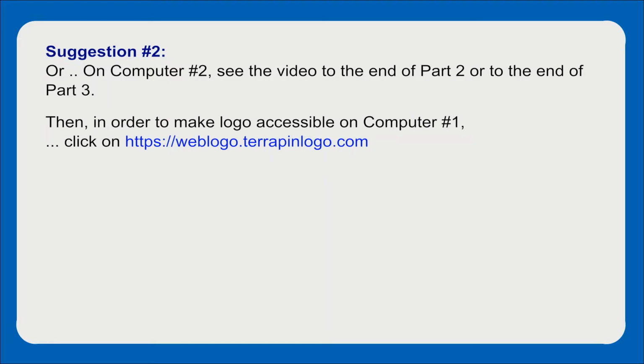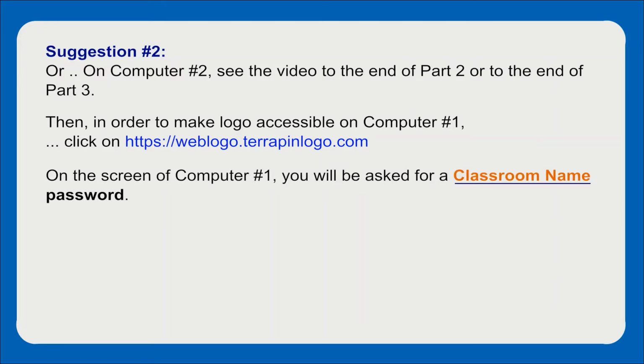Then, in order to make Logo accessible on computer number 1, click on weblogo.terrapinlogo.com. On the screen of computer number 1, you will be asked for a classroom name password.